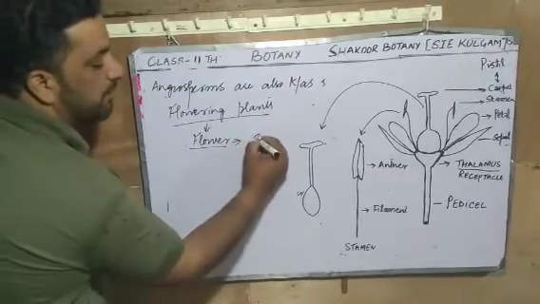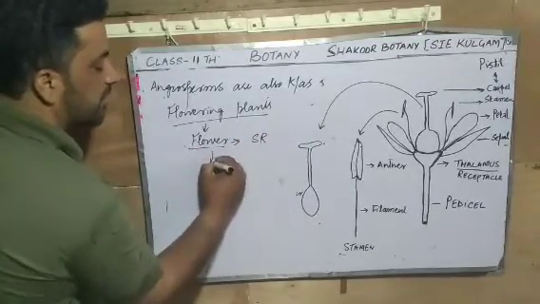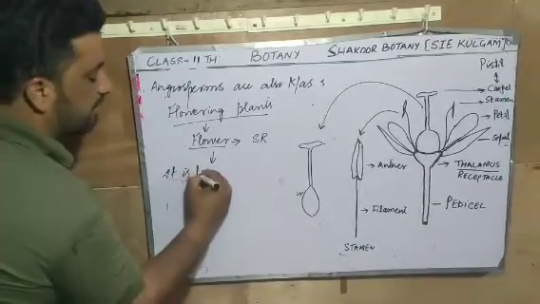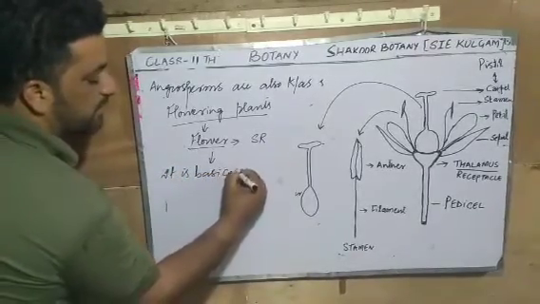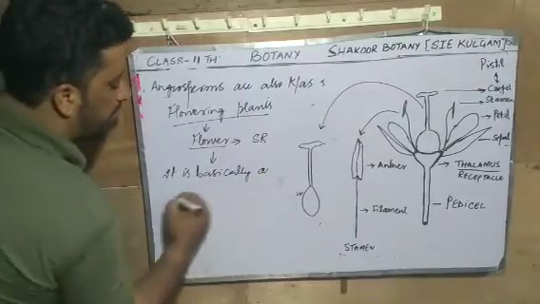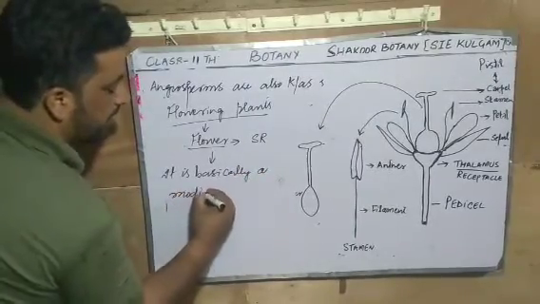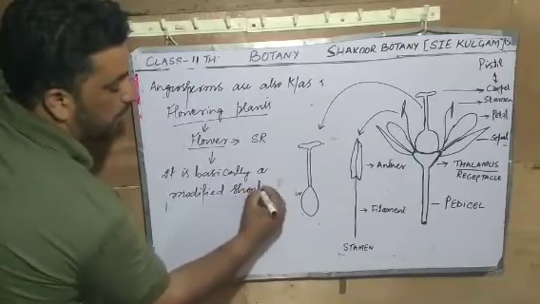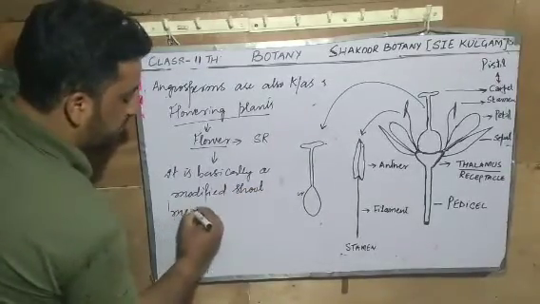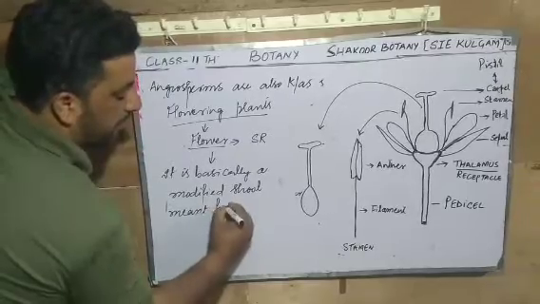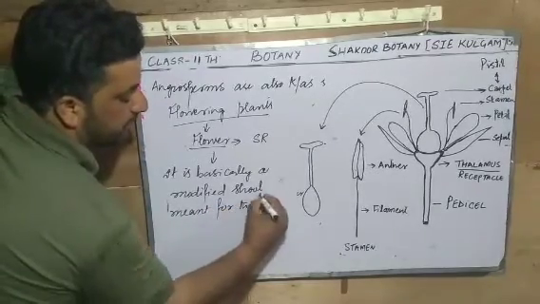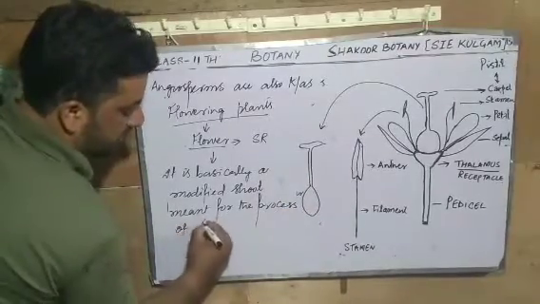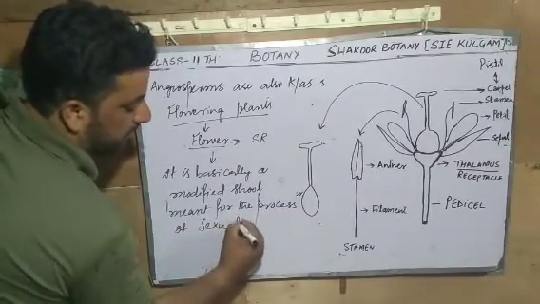This flower is meant for the process of sexual reproduction, and this flower is basically a modified shoot meant for the process of sexual reproduction.